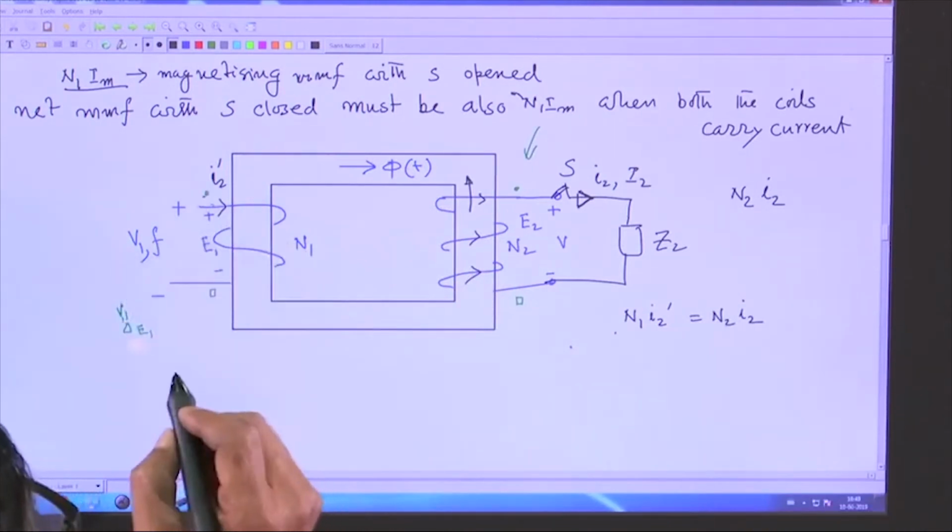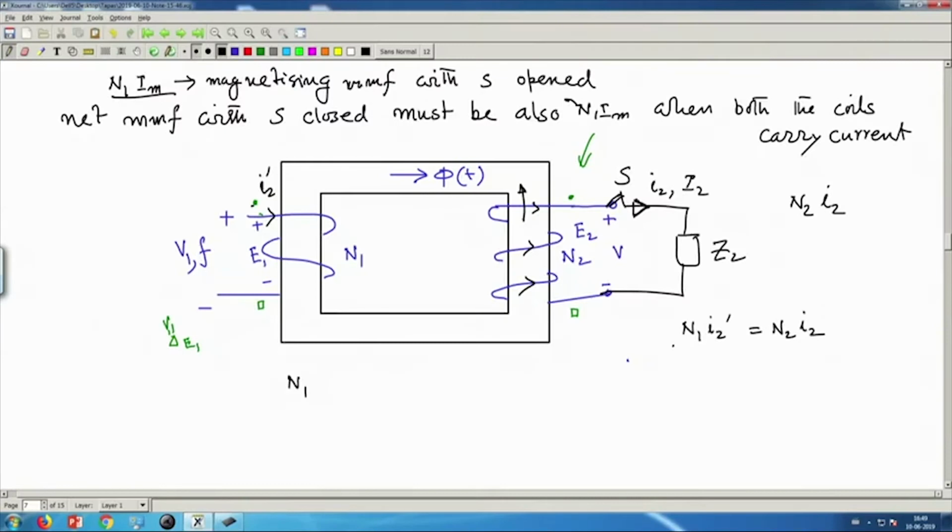So, what is the primary MMF? N1 into that original magnetizing current plus I2 dashed. This will be the total MMF, that is equal to N1 Im, which acts to create flux in this direction, plus N1 I2 dashed.